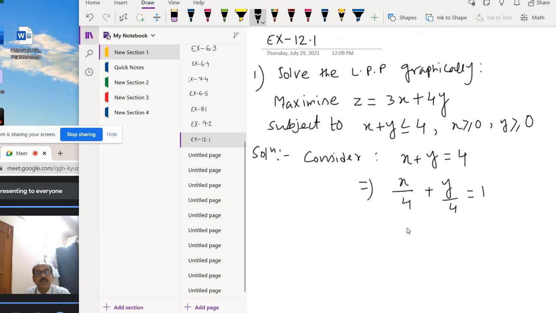And the objective function is z is equal to 3x plus 4y.